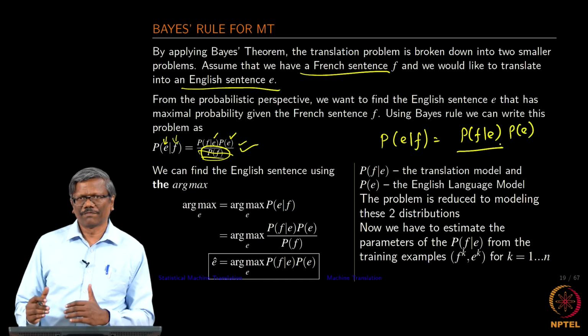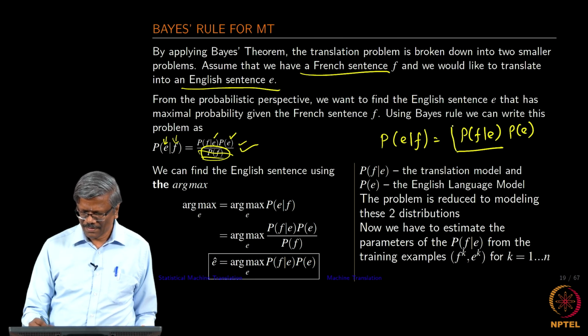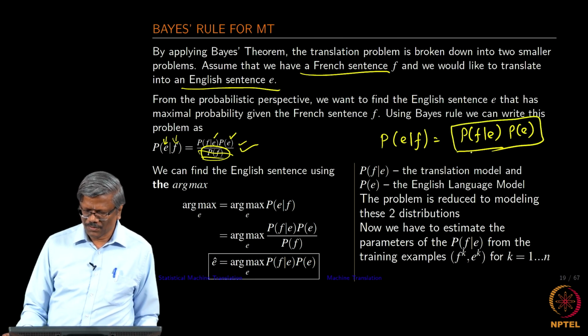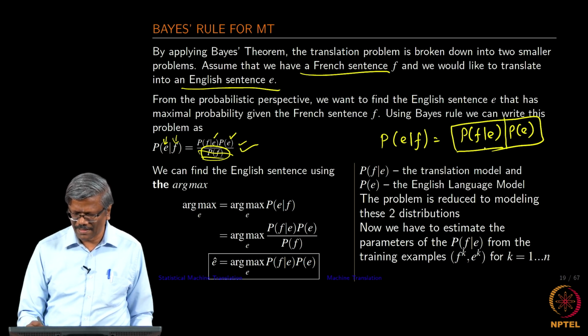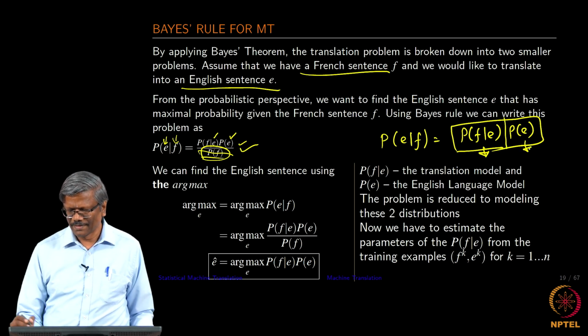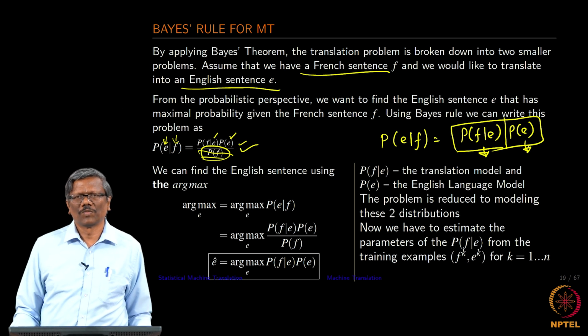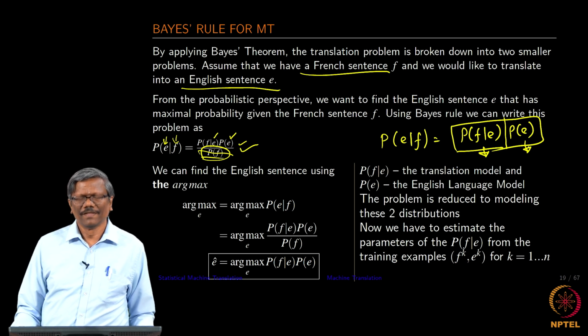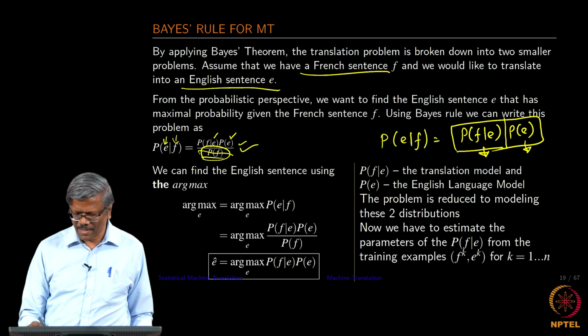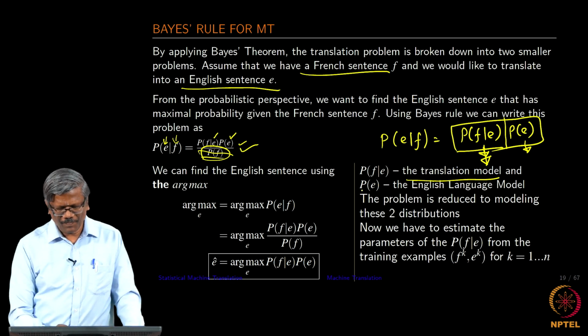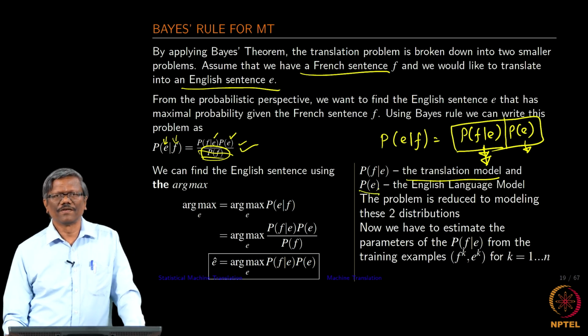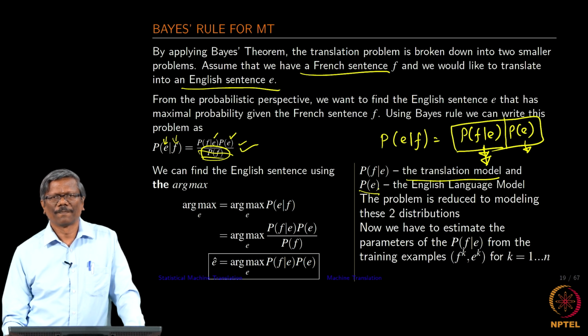okay. We have to now estimate two things. Okay, so we have two problems in hand. One is to estimate the parameters of this, and then the next one is to estimate the model for this, right. So, we call this one the translation model, okay, and this one is our English language model.